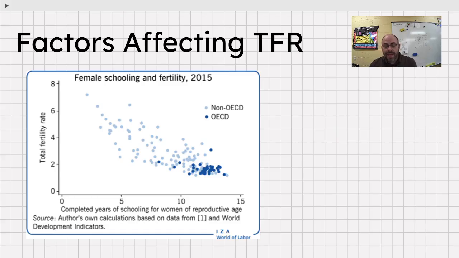The age at which they have their first child, early childbearing is going to increase lifetime fertility, obviously. Access to family planning, contraception, and other means for family planning is going to decrease unintended births, right? Sometimes government policies will dictate this as well.